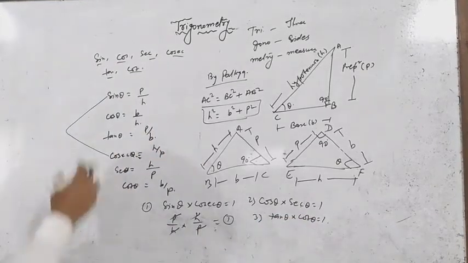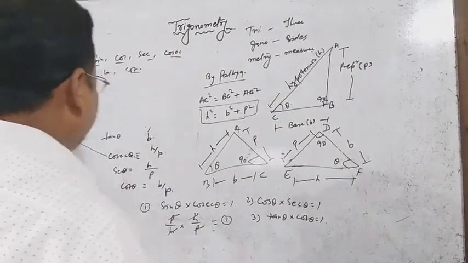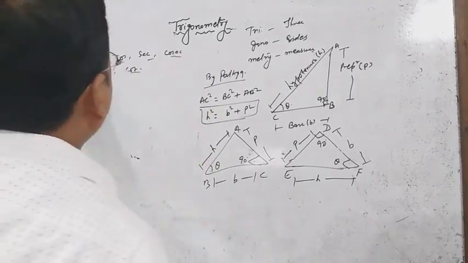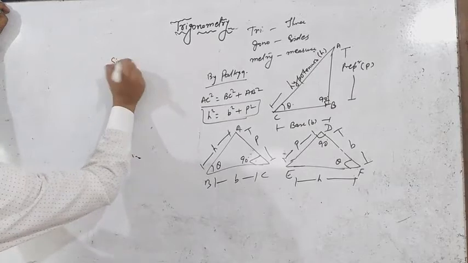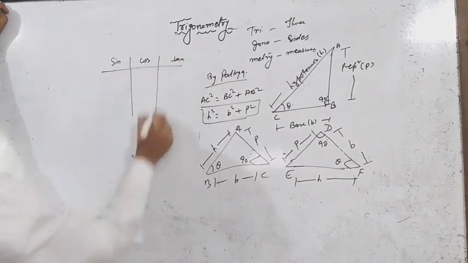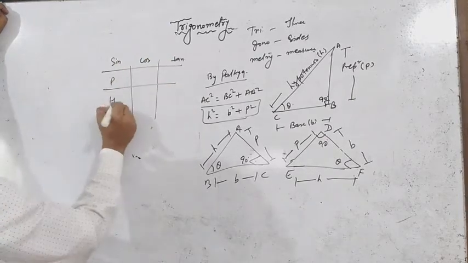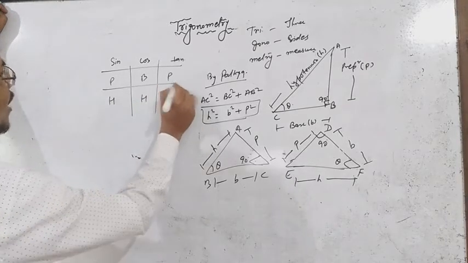Next, find the other triangle formulas. This is the short form of sine, cos and tan. Find this: P H B, H P B. Okay, short form.